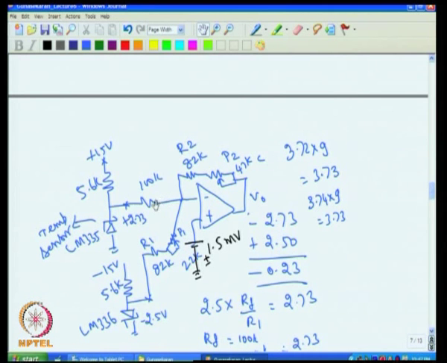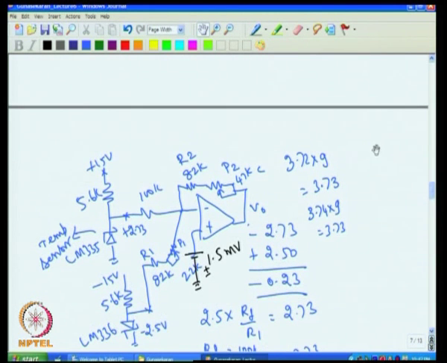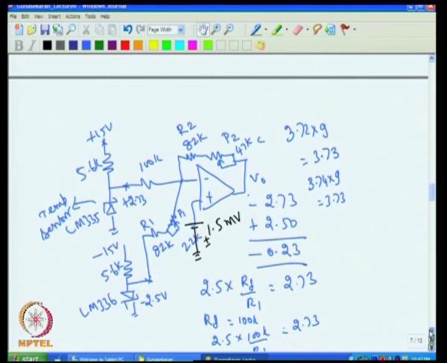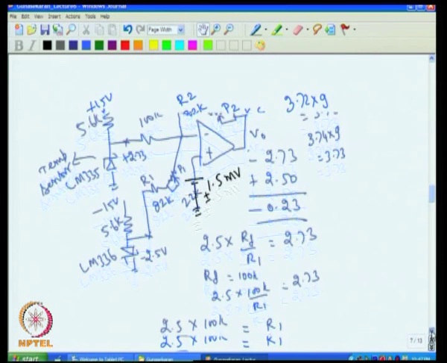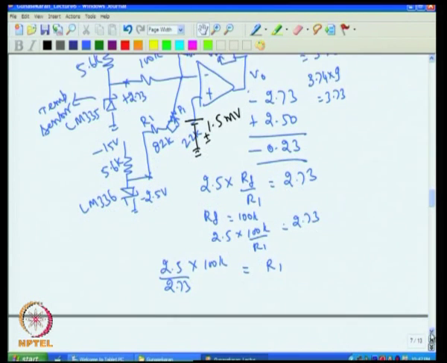That means 100K parallel 100K gives me around 47K. The 47K gives me a gain of 1 plus RF by R1, that is around 3. So, you will have an output voltage change of 4.5 millivolt. I will show the calculation separately in the next page.